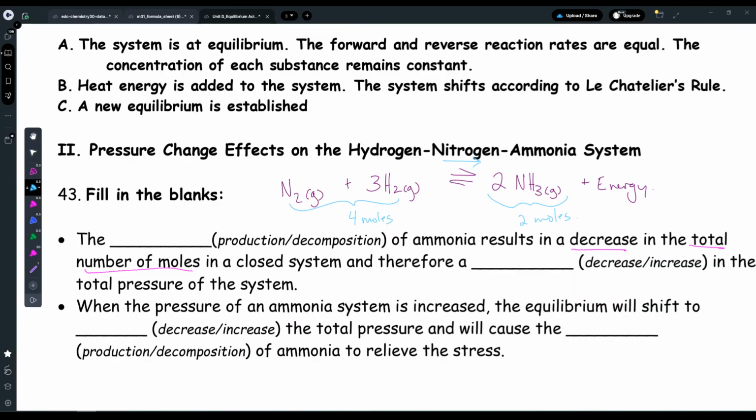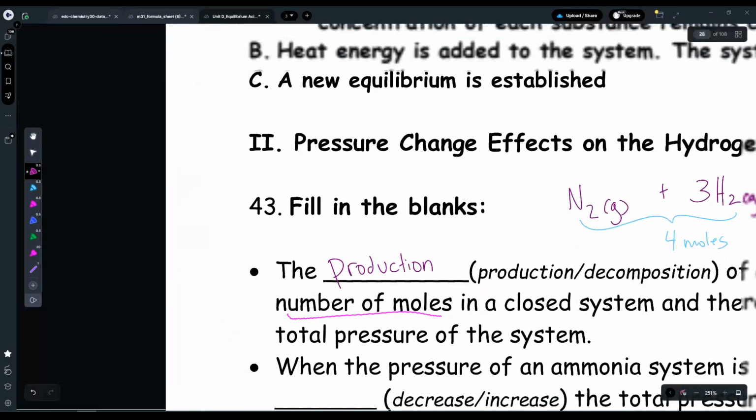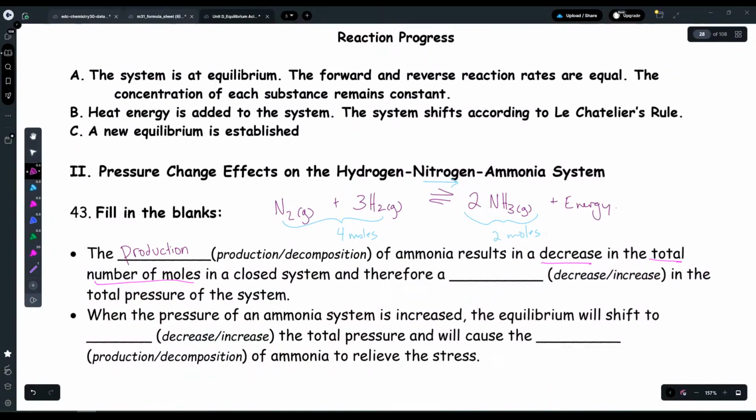Therefore, the production of ammonia is going to result in a decrease in the total amount of moles in a closed system. So therefore, either a decrease or increase in the total pressure of the system.